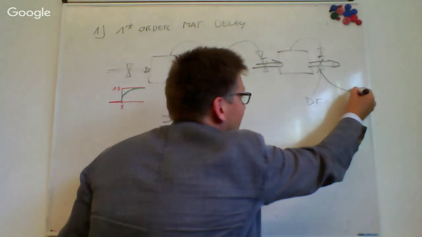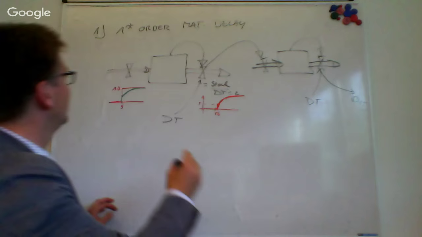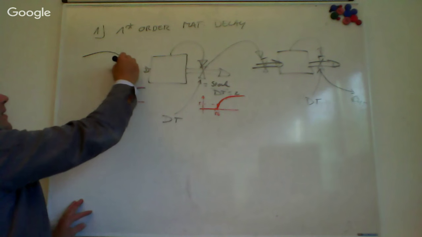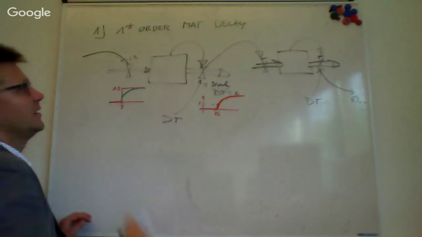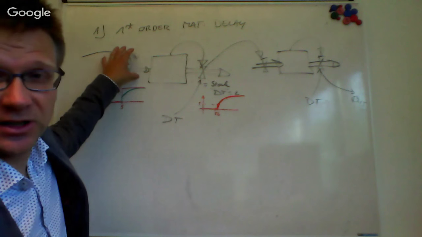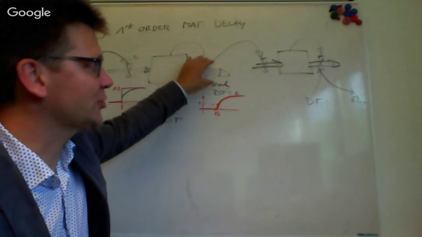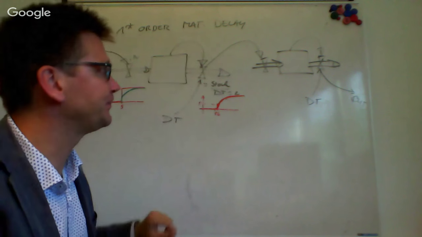And in this case, we're going to be interested in whatever comes out of our system here versus whatever went into our system here. By the way, for the first order delay, I forgot to mention that we are, of course, interested in the input and how that is being delayed by the structure. So we're interested in the output here.